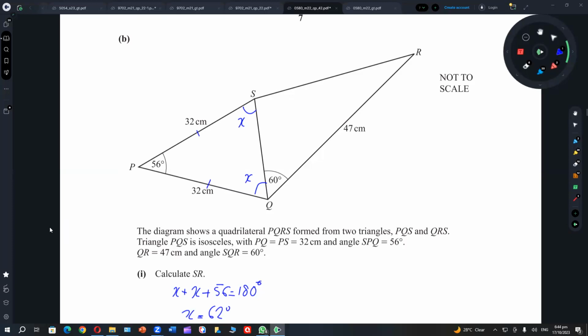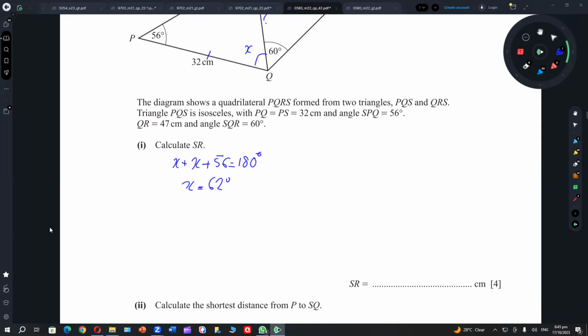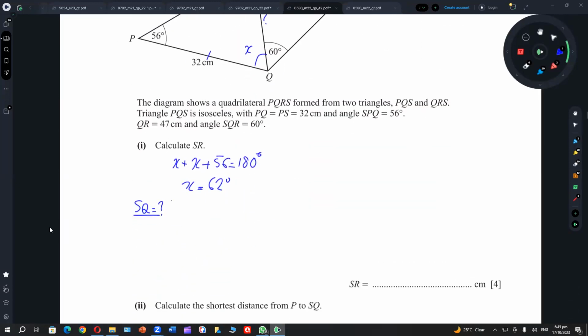Okay, I give you a hint. You should find SQ first. SQ, okay. So I have all the angles in my hand, so I can use sine rule to find SQ. SQ is 30. Yeah.